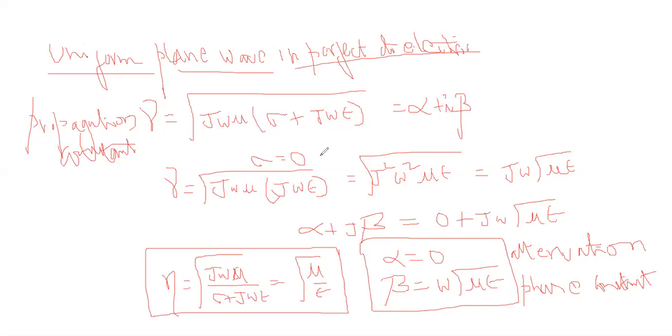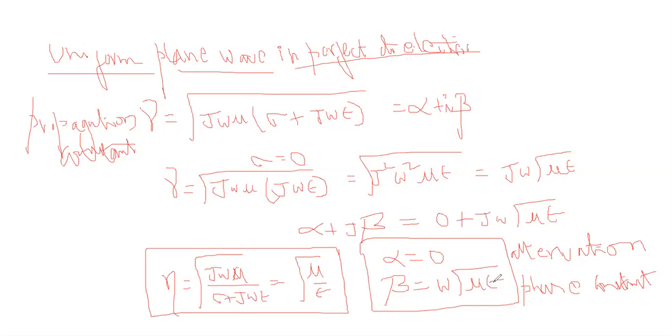When sigma has some value, it is a practical dielectric. For the ideal perfect dielectric, sigma is equal to 0 and alpha is equal to 0 in the propagation constant gamma.